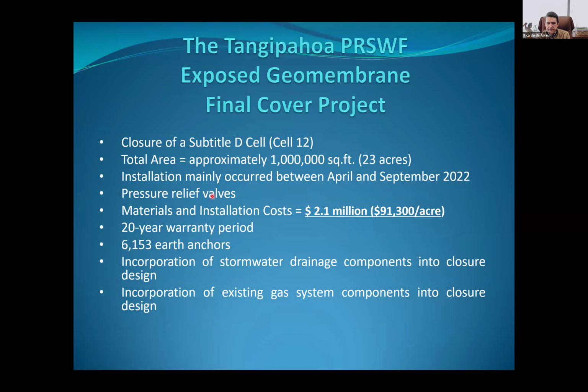It's a way that if gas accumulates below the geomembrane, these valves would open if there is excessive accumulation of gas beneath, so we don't have a balloon, if you will. Material installation cost was $2.1 million, so close to $91,300 US dollars per acre.